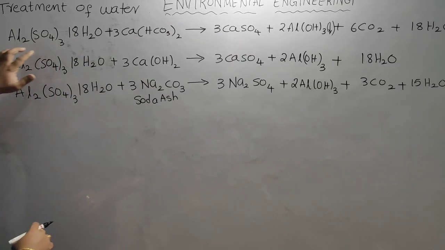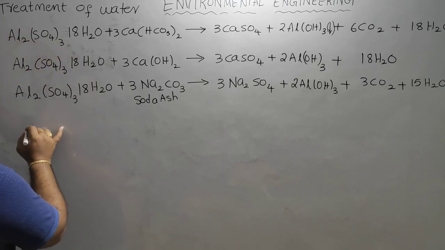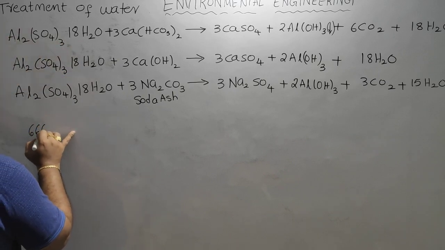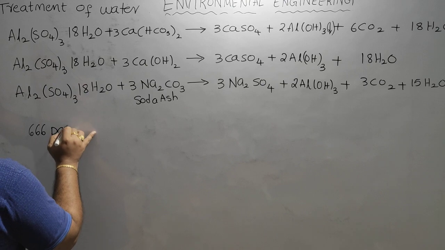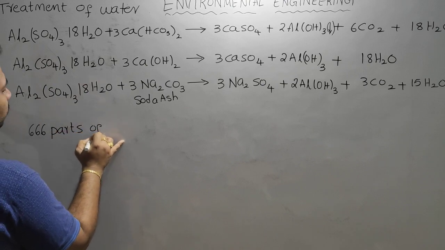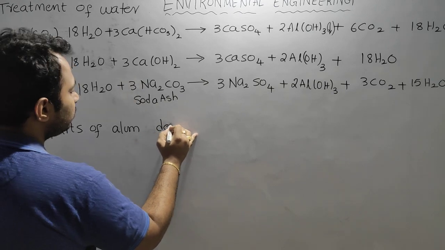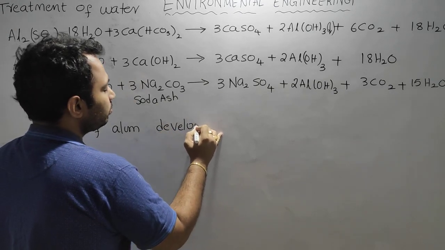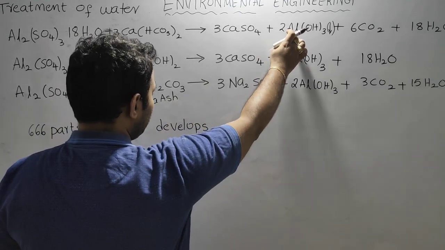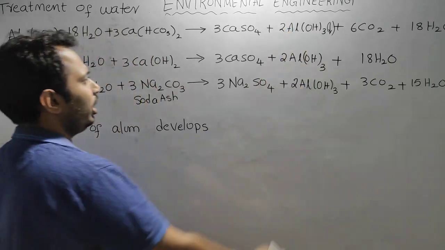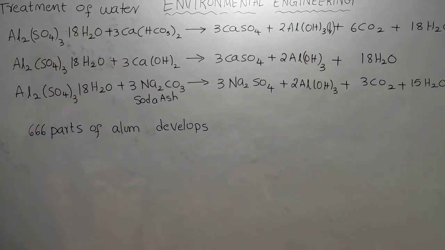Here 666 parts of alum develops... The molecular weight of Al(OH)3 is 78.